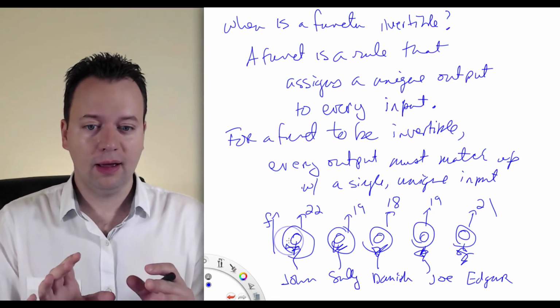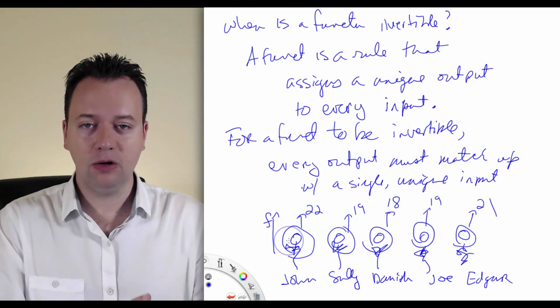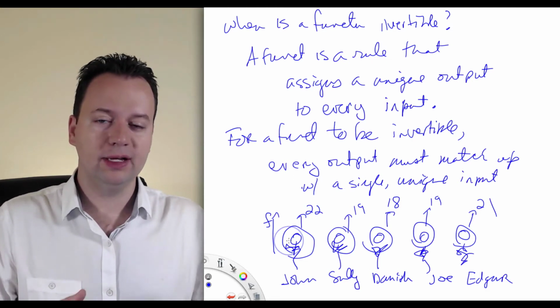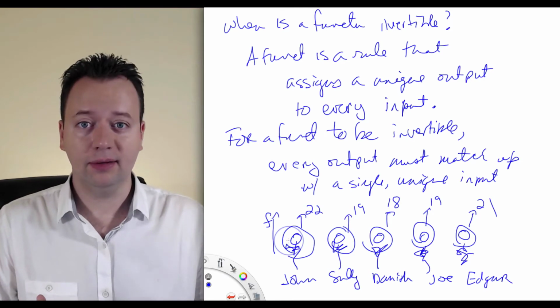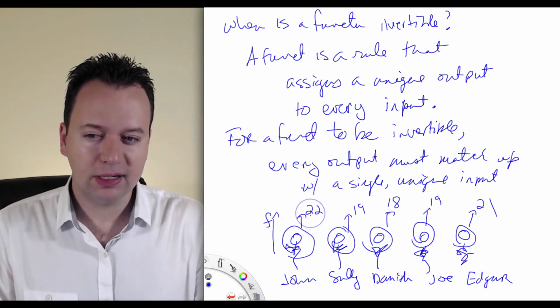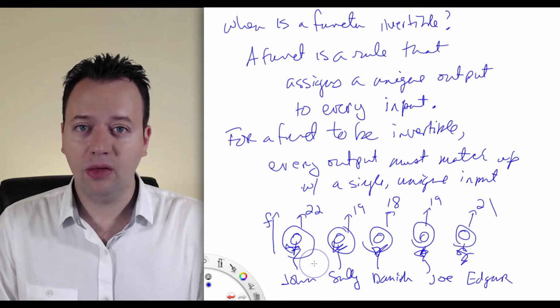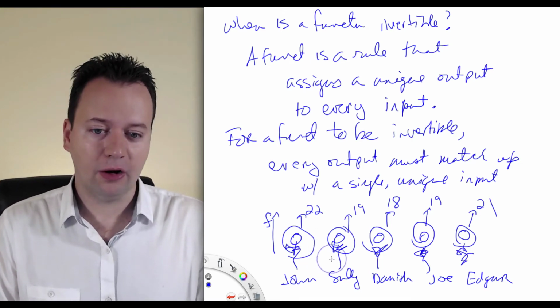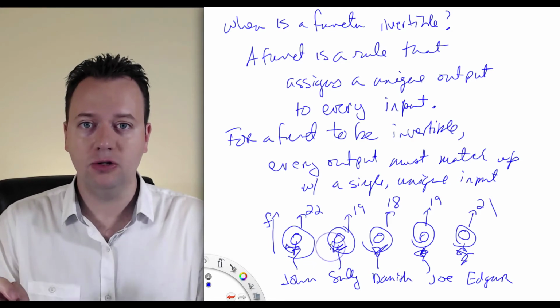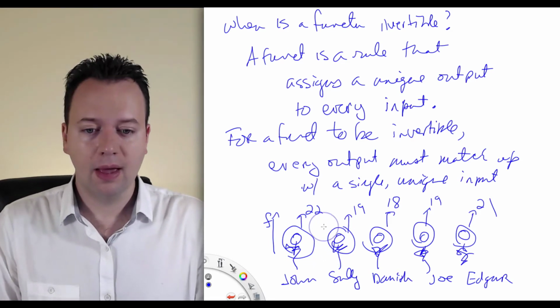Notice that every person has a single age assigned to them. John is 22. You wouldn't say John is 22 and 27, right? He has only a single age, so this is a function. Is this function invertible? To figure that out, we have to look at the outputs and ask, is each age assigned to a unique input?